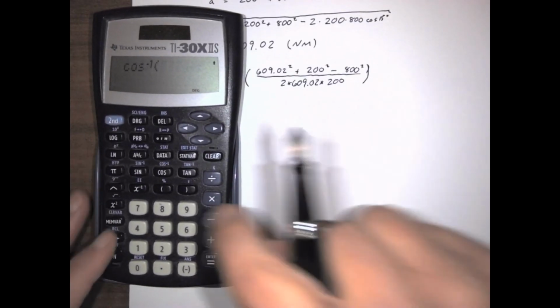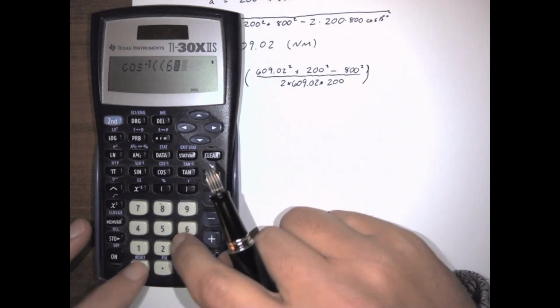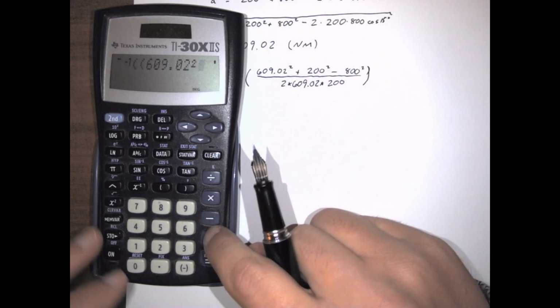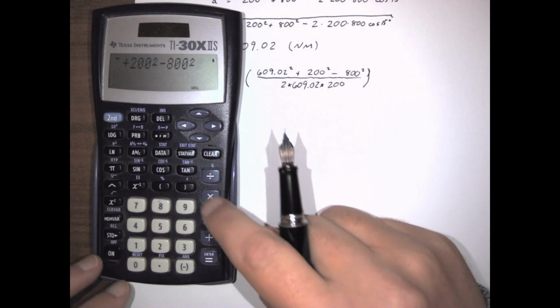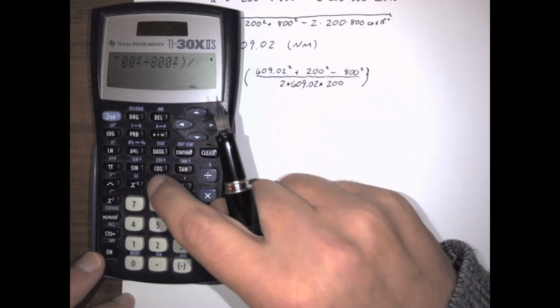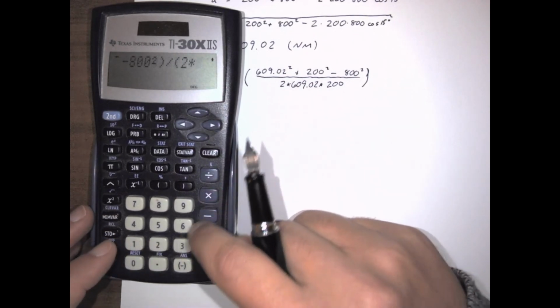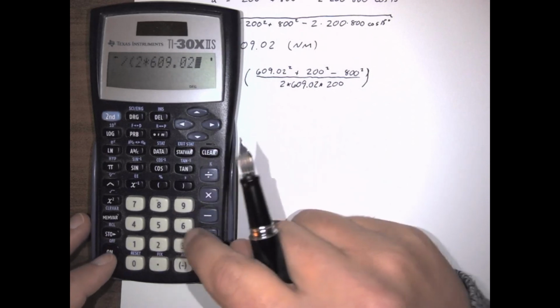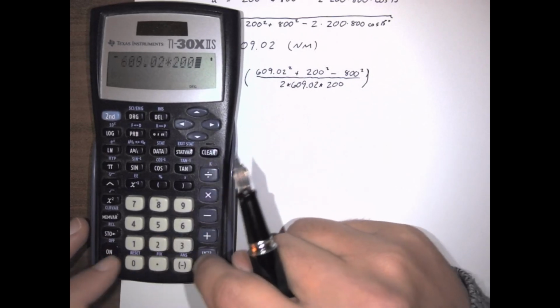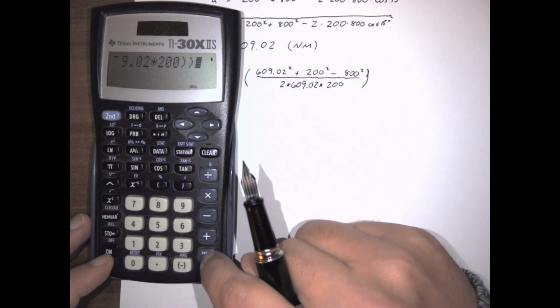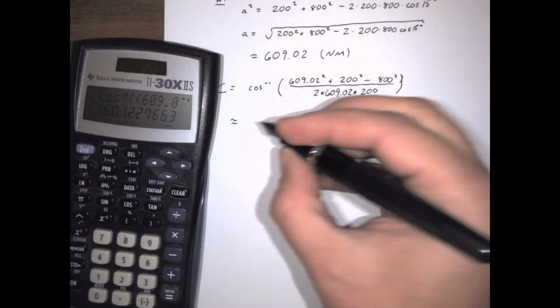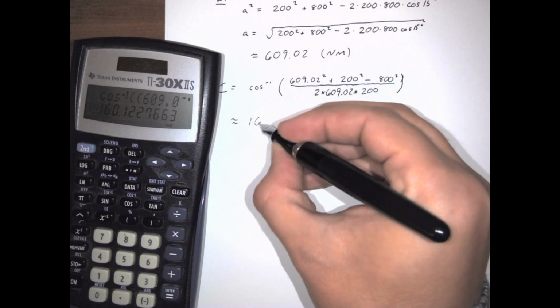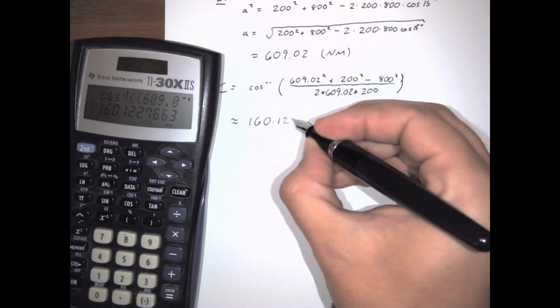So, cosine inverse of, parentheses for the whole numerator, 609.02 squared plus 200 squared minus 800 squared into the numerator, divide, parentheses for the whole denominator, 2 times 609.02 times 200 into the denominator and end the inverse cosine. And so we get 160.12 degrees.